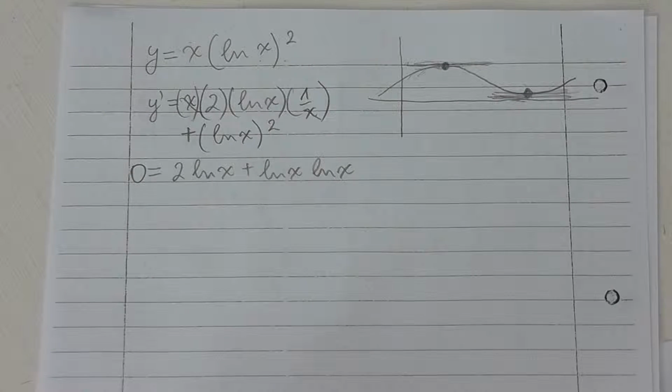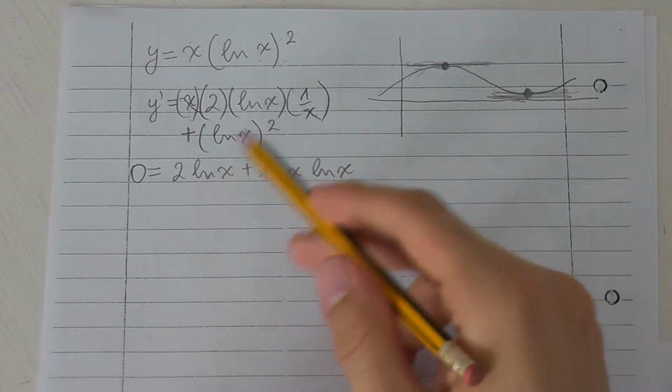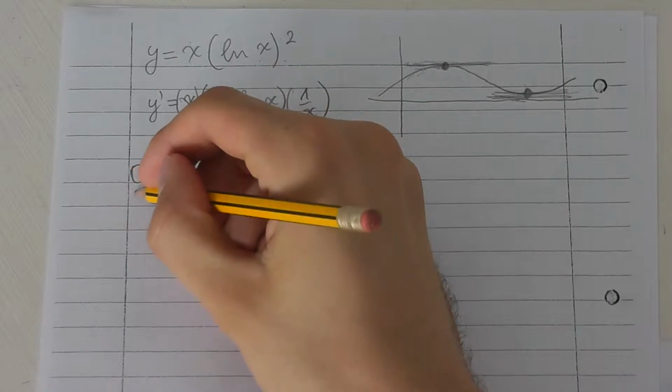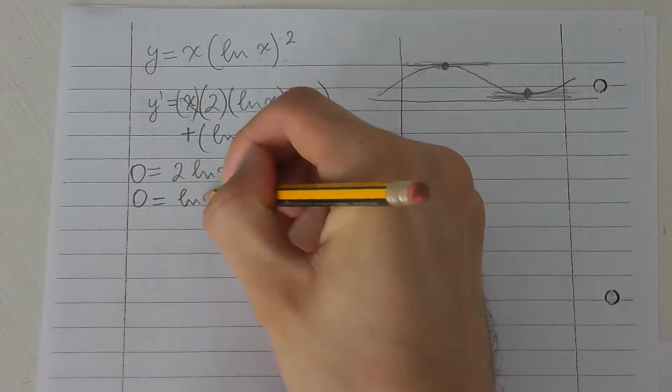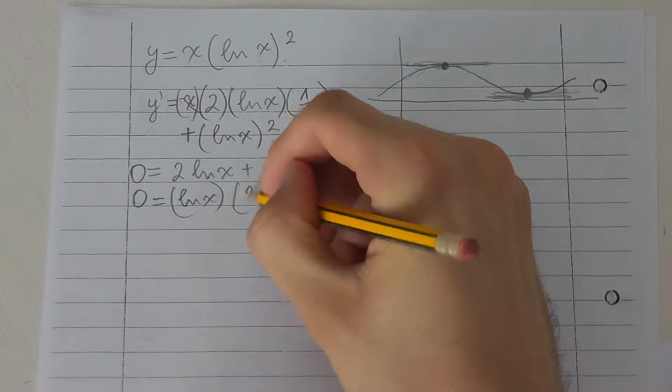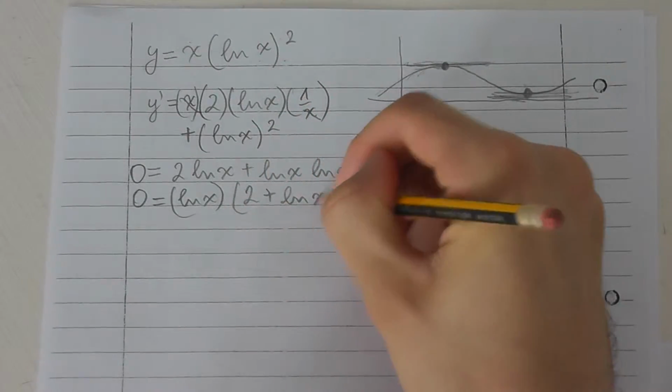And from this it follows that, I suppose, it's easier if we do factor ln x after all: ln x times (2 plus ln x).